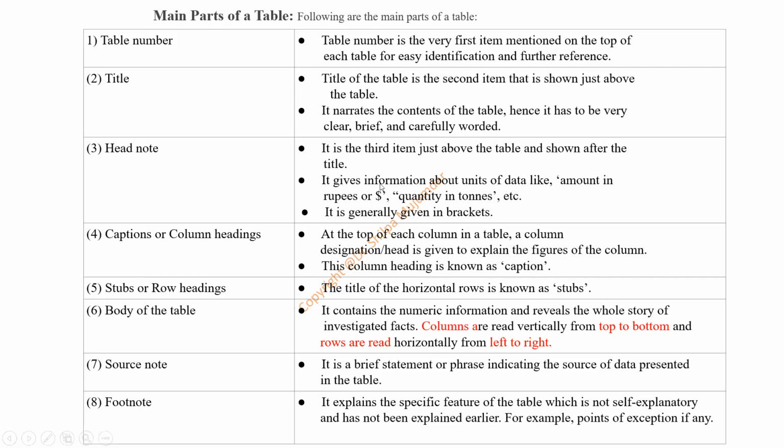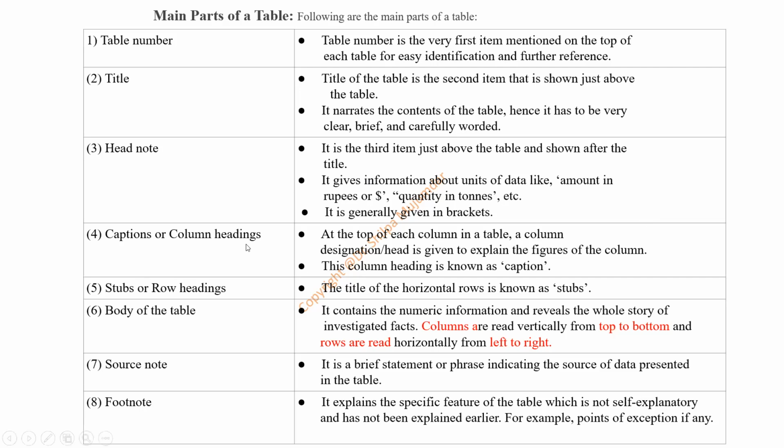So it gives the information about units. Most of the time it is like amount in rupees, or I want to specify something about the title. It should be amount in rupees or quantity in tons, etc. It is generally given in brackets.